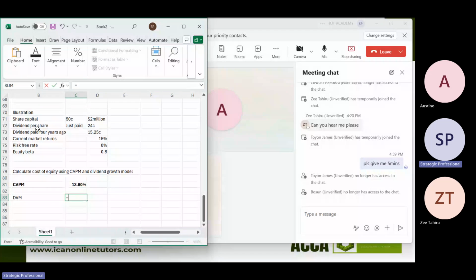You know, they said the dividend per share that they just paid is 24 cents. Please just be looking at the question, 24 cents. And they said the dividend paid 4 years ago was what? 15.25, right? So to get the growth, it will be what they just paid, which is 24, divided by what was paid 4 years ago, which is 15.25.